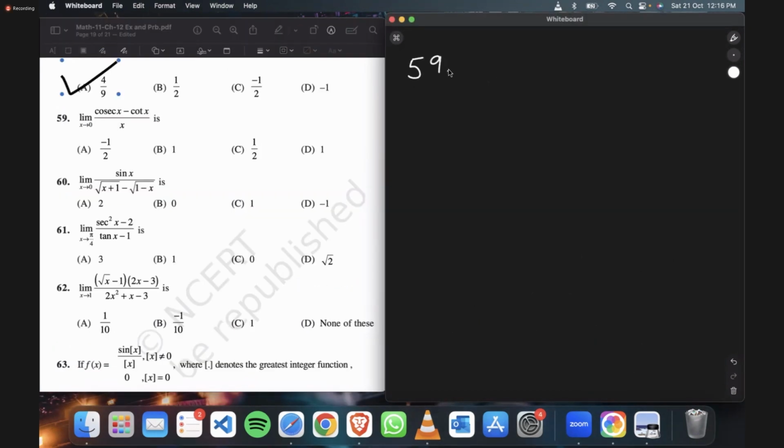Next up, we have question number 59. So I'll be having limit x tending to 0, cosec x minus cot x by x. Okay, so I think that there can be sin x by x form. Let's see.